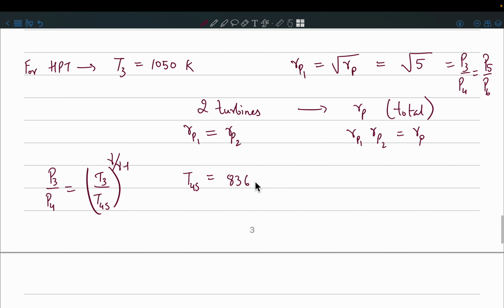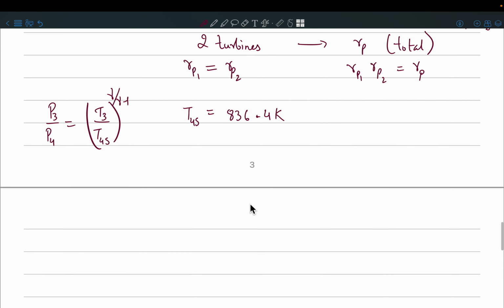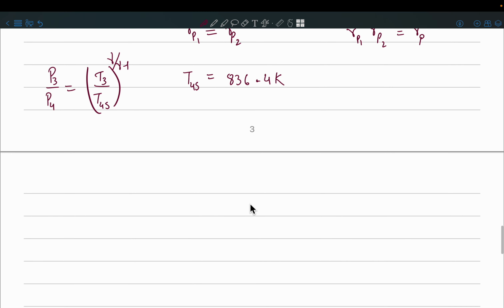It's like 836.4 Kelvin. Okay, yeah, almost same. Then you can calculate the value for, oh sorry, can you repeat your answer? Yeah, right, that's 834.8 Kelvin. So now what is the value of T4?